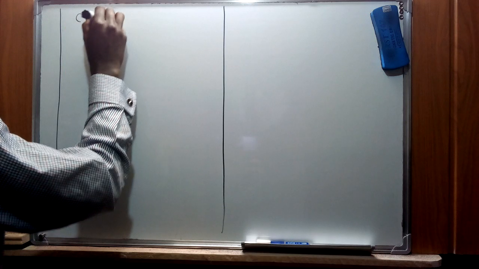Now we have talked about the concept of cross and dot product of vectors.